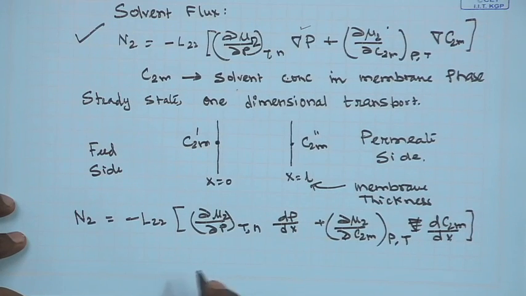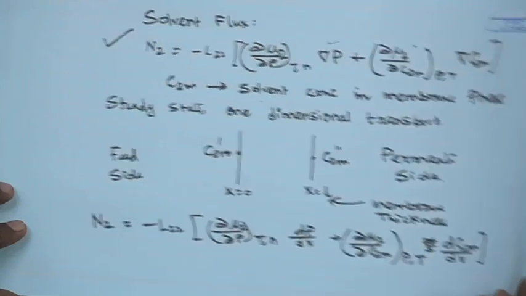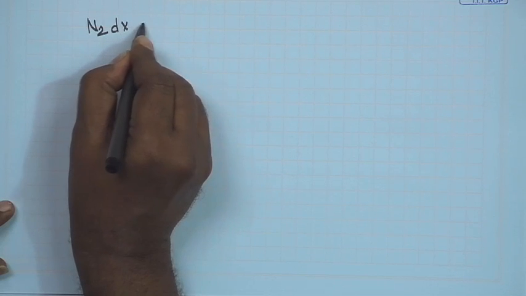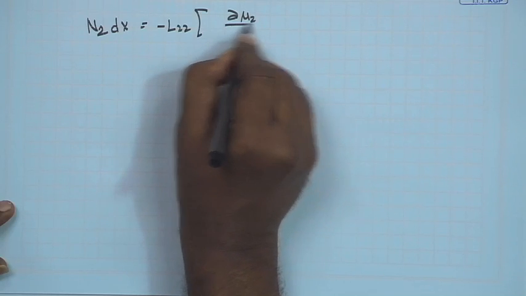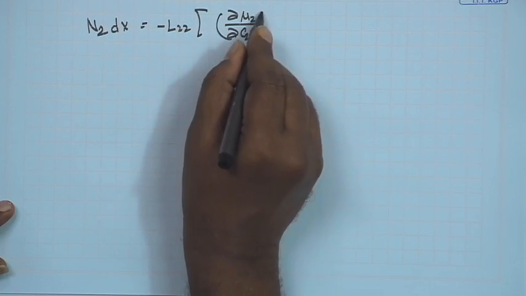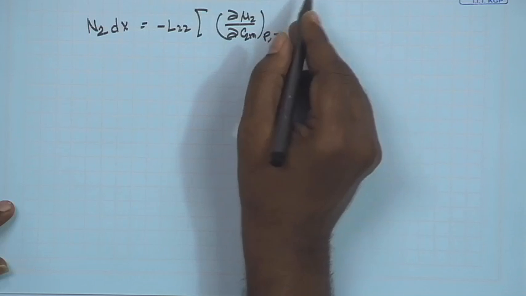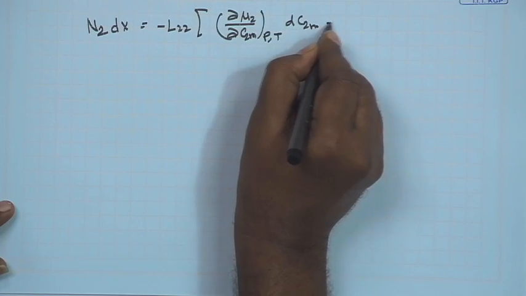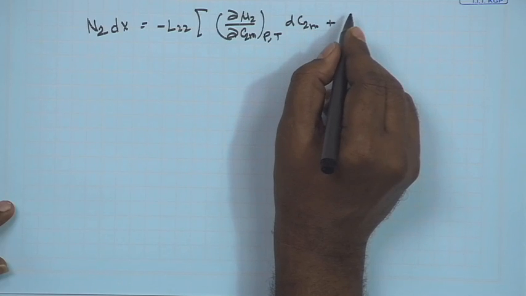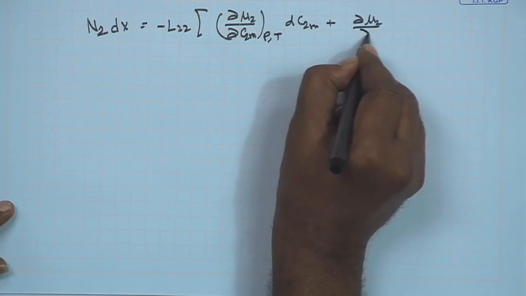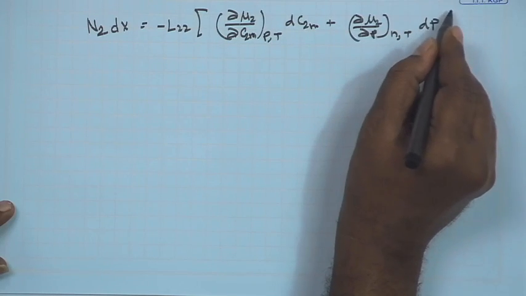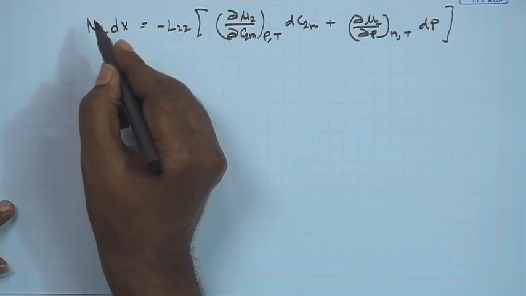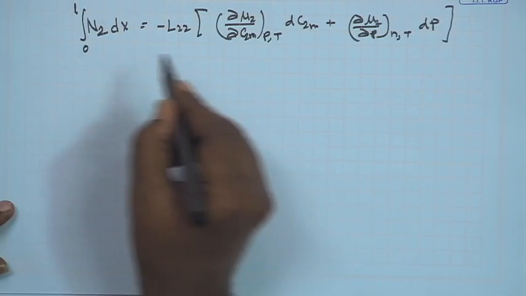Then we integrate both sides over dx and see what you get. So, N_2 dx is equal to minus L_22 times del mu_2 del C_2m at constant p and T, dC_2m, plus del mu_2 del p at constant n and T, dp, and then we integrate across the thickness of the membrane, 0 to L.